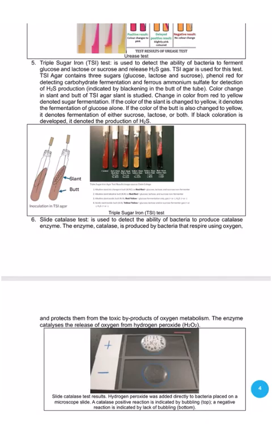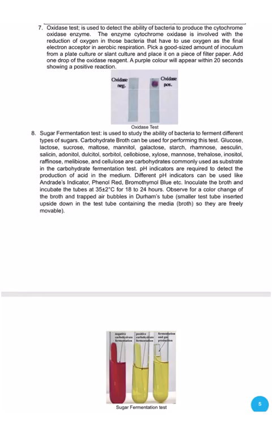So this is one of the tests used to identify the bacteria, by whether the bacteria possesses the catalase enzyme. The other type, number seven, of the biochemical tests is the oxidase test. An oxidase test is, as its name indicates, testing whether the bacteria possess the enzyme oxidase.